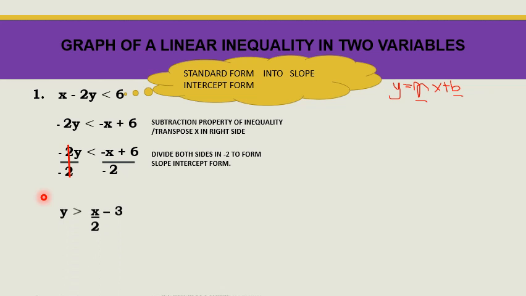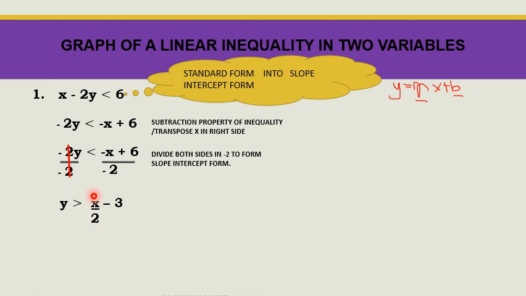And then let's have the slope-intercept form: y greater than x over 2 minus 3. As you can see, the symbol is interchanged. Why? Because when we divide both sides by negative 2, we need to interchange the symbol. Less than becomes greater than.